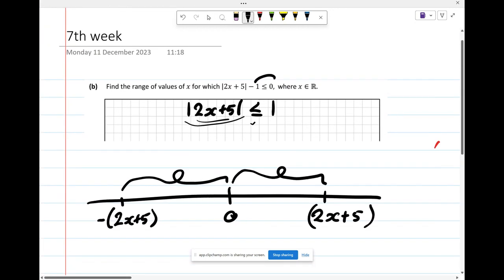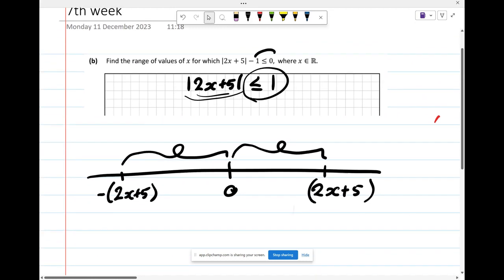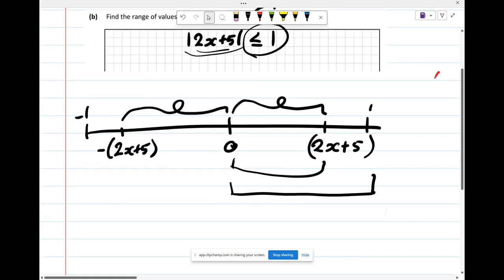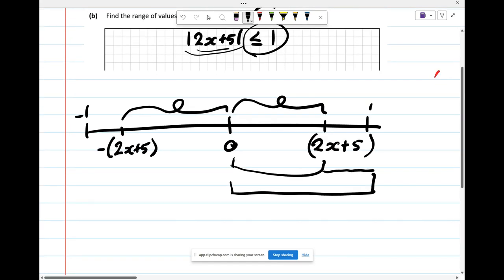But we want the distance from the origin to be less than or equal to 1, sorry. So if this is 1 and this is minus 1, then here you can see that the absolute value is less than 1. And we can even include it all the way up until it's equal to 1.